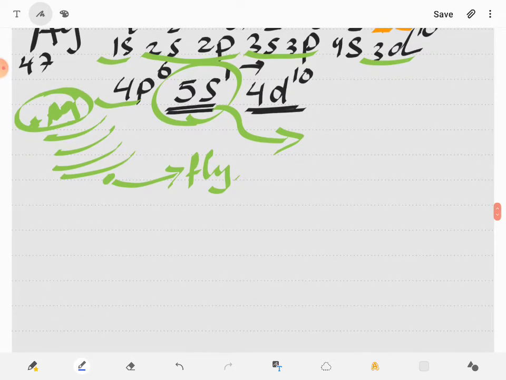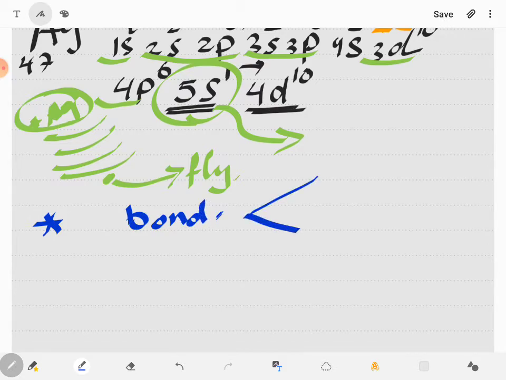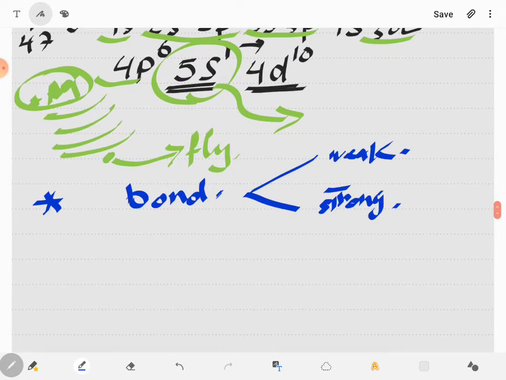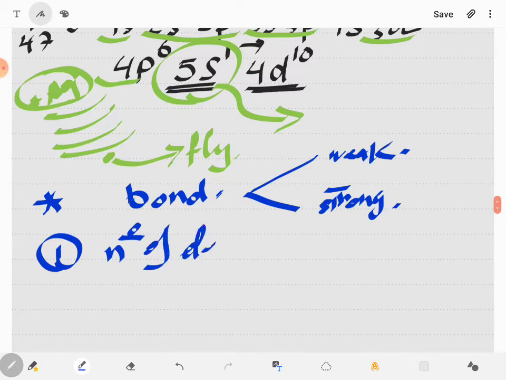So let's go back to the metallic bond. It's a bond, meaning there is strength; I can say weak or strong. What is the factor that influences the strength? Mainly we depend on the number of valence electrons, which create the sea of electrons.